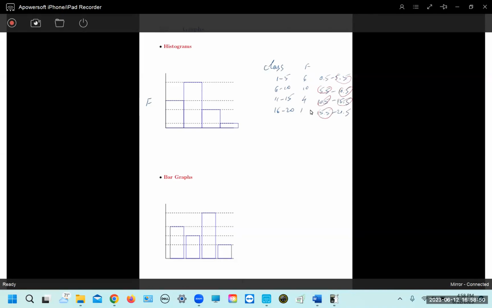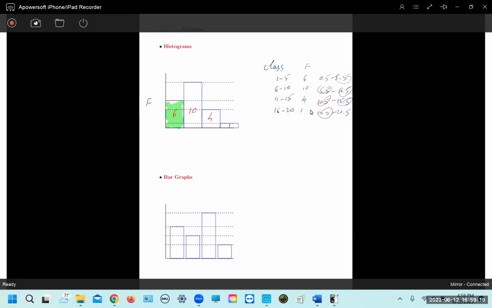So this one we should have 6, and this one should be 10, and this one 4, and lastly is 1.